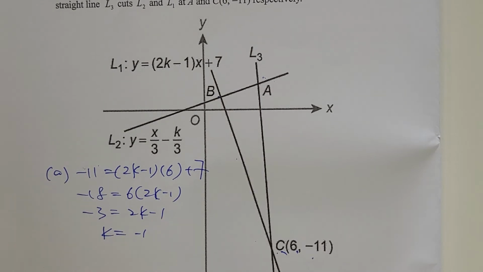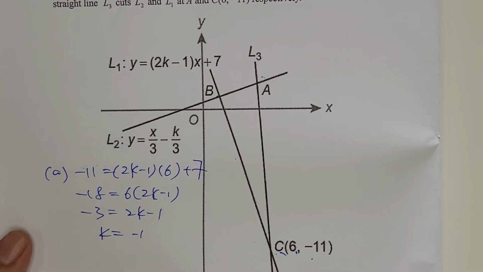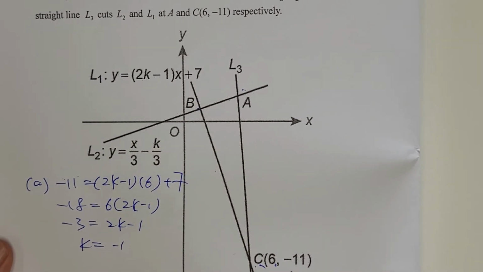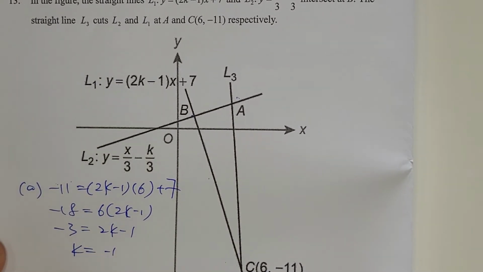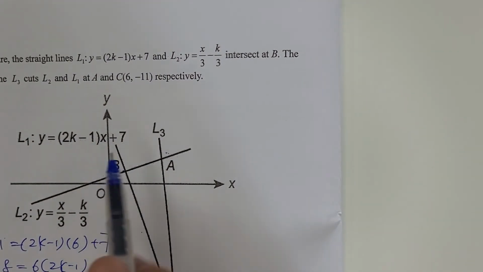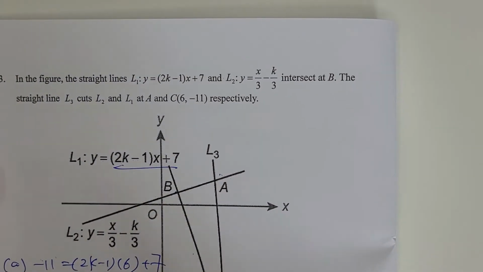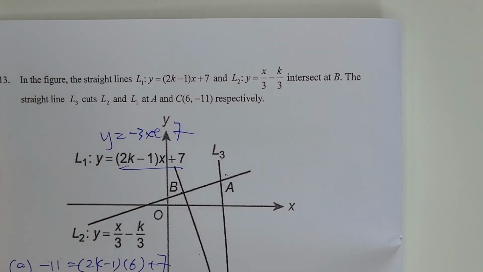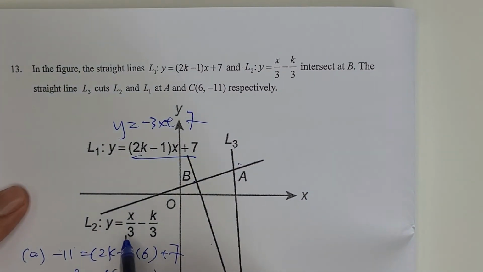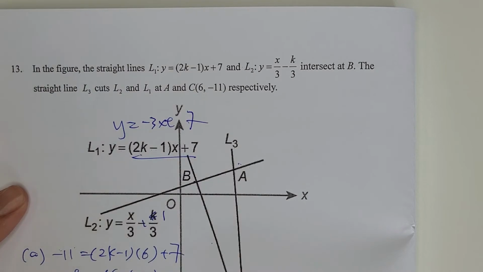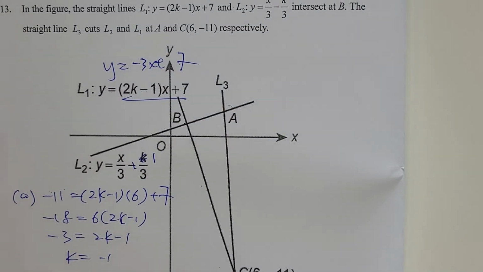Finish. And B, you need to find the orthocentre of triangle ABC. So let's look at how we find the orthocentre. When k equals negative 1, this line becomes y equals negative 3x plus 7. And this line becomes y equals x over 3 plus 1 over 3, because k is negative 1.